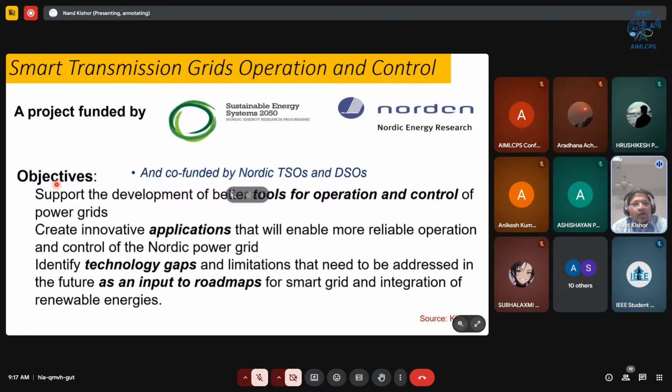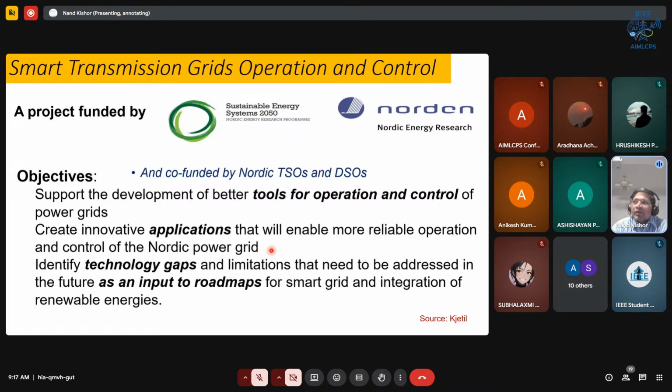The objectives in this project were to develop some tools for better operation and control of the power grid, and also some innovative applications that could be applied in the reliable operation and control of the Nordic power grid.